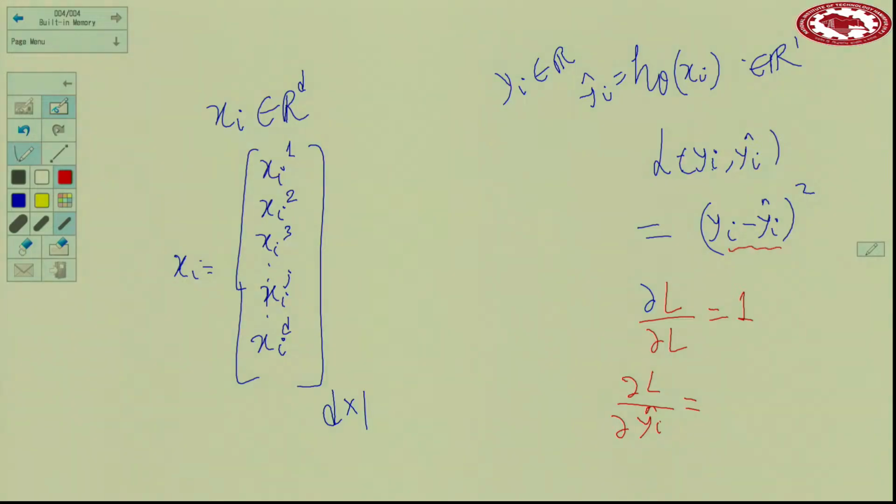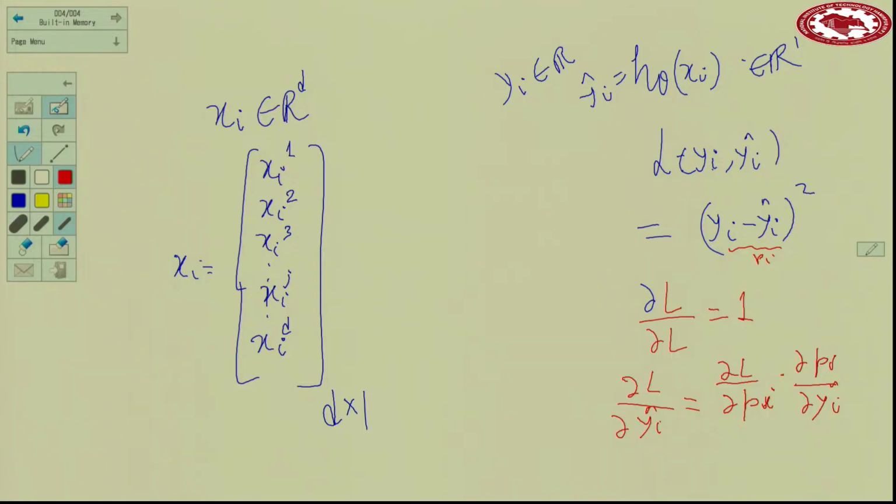Change the variable, right? So, you can say let this be pi. So, you have to compute the loss with respect to this pi. So, this loss becomes pi square, right, into the gradient of this pi with respect to yi cap.